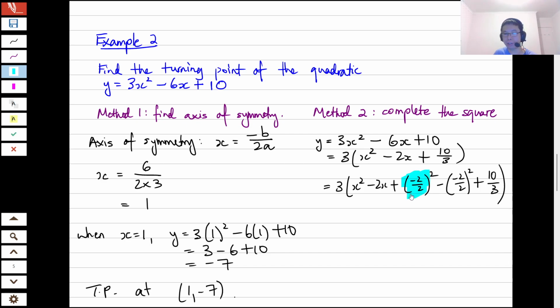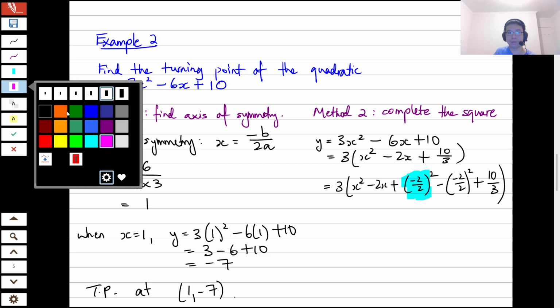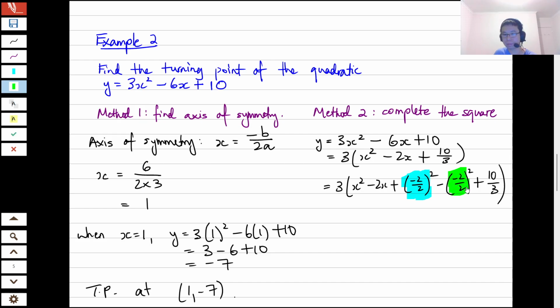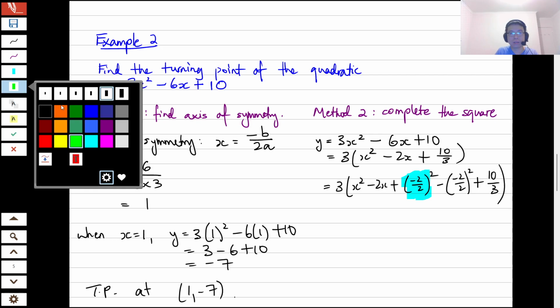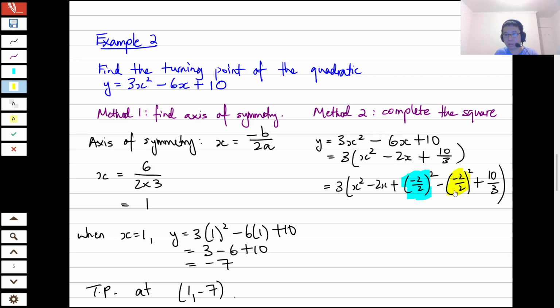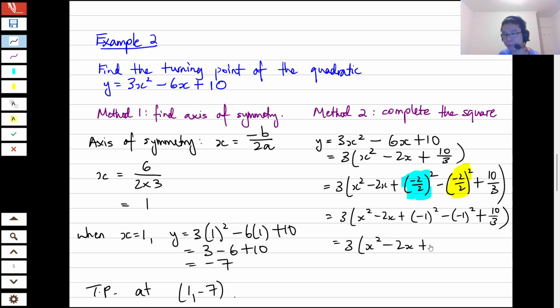I'll color code it for you to make it really clear what we're doing. So I haven't changed anything because all I've done is add 0 essentially. So 3x squared minus 2x plus (-1) squared minus (-1) squared plus 10 on 3.